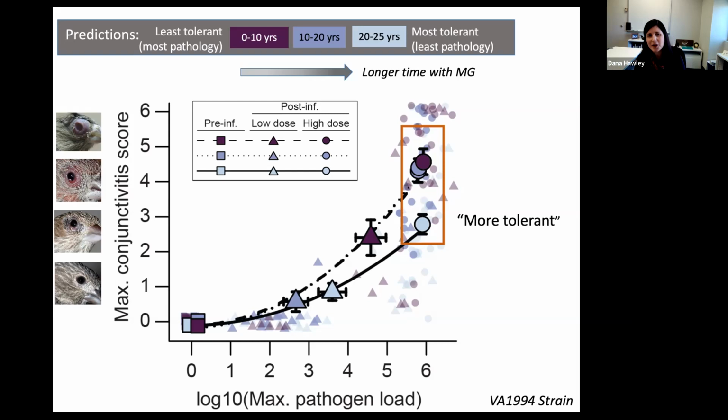It might not look terribly different, but these more tolerant populations, which represent Virginia, Iowa, and Alabama, actually have about half of the maximum conjunctivitis score than do these other populations that have less of a coevolutionary history with MG.